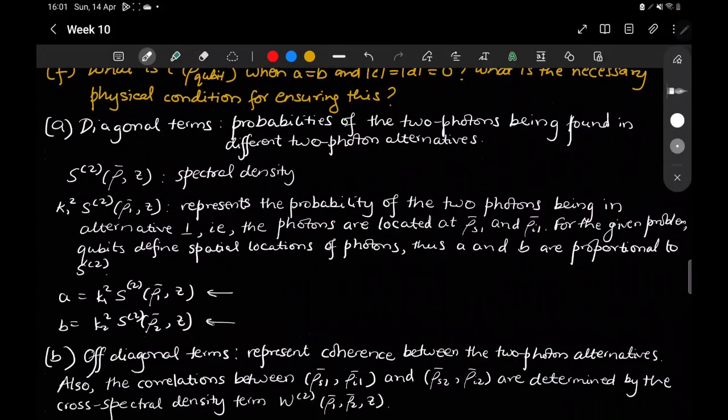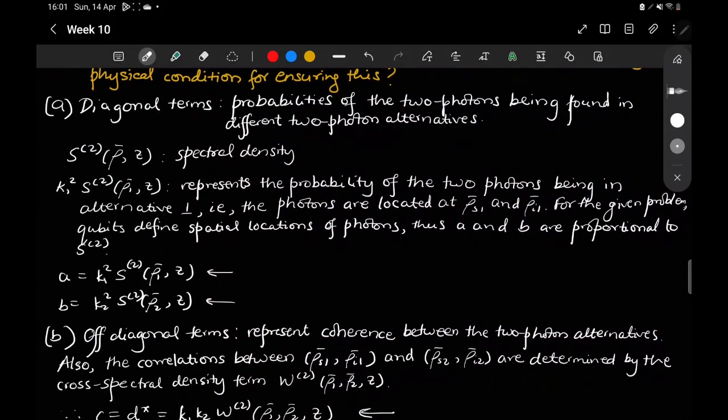These represent the probability of the two photons being in alternative 1 and alternative 2 respectively. So if these probabilities of the two photon alternatives are made the same, that same probability for going in alternative 1 and same probability for going in alternative 2, that will make A equals B.